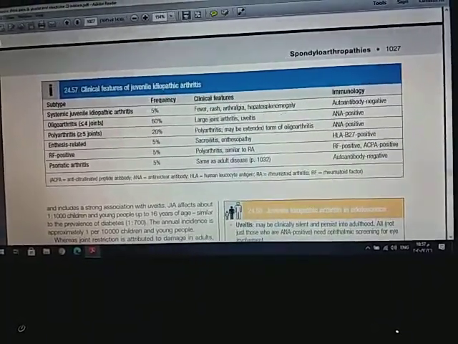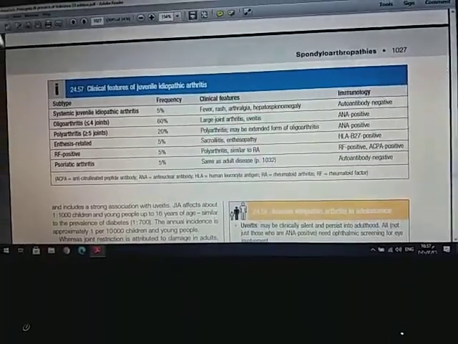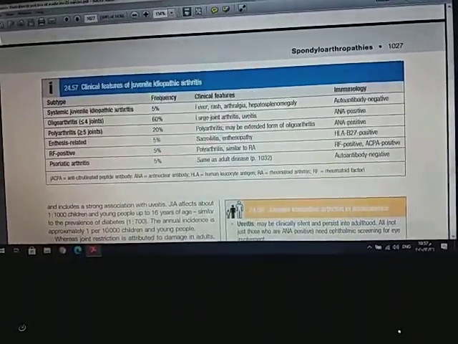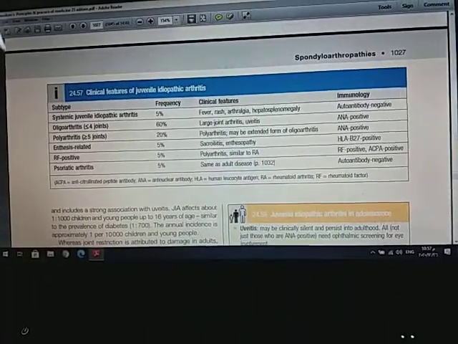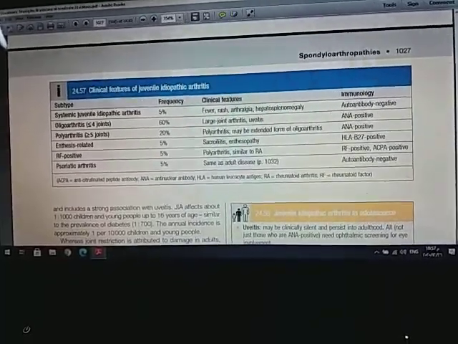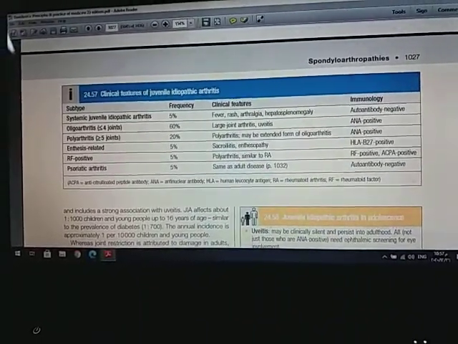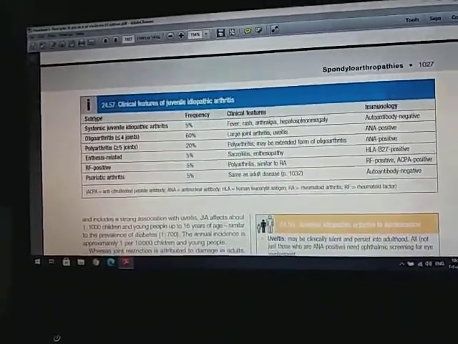We have the oligoarthritis, and we have the polyarthritis. Oligoarthritis is when 4 or fewer joints are affected.